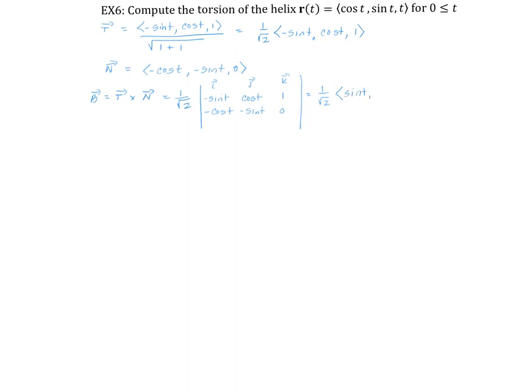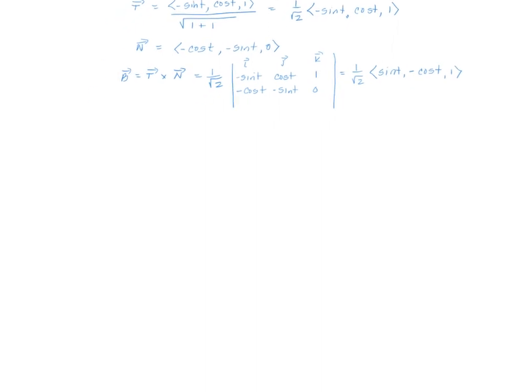Covering the J, I have 0 minus cosine, so that's negative cosine. And then covering the K, I have sine squared plus cosine squared is 1. So I have my binormal vector.